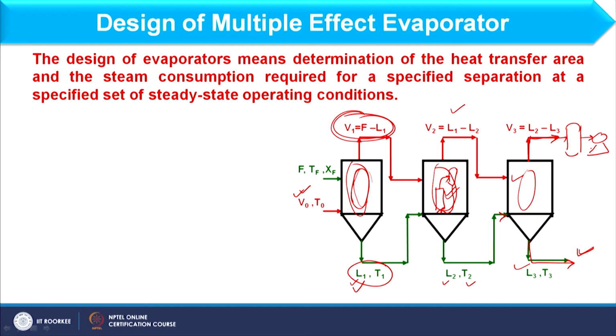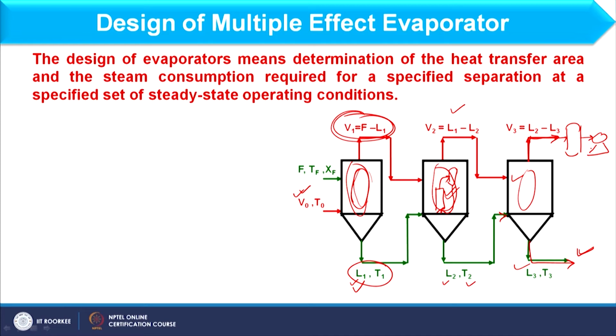Now, let us discuss this schematic in detail. If I ask you how the movement of feed occurs in the triple effect evaporator: the movement of feed is from the first effect to the second effect and then to the third effect, and from the third effect we finally get the concentrated product.